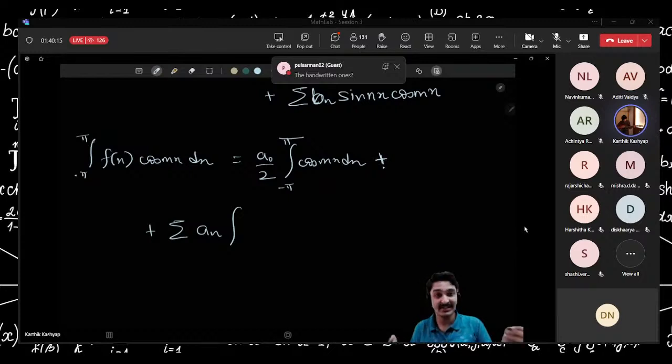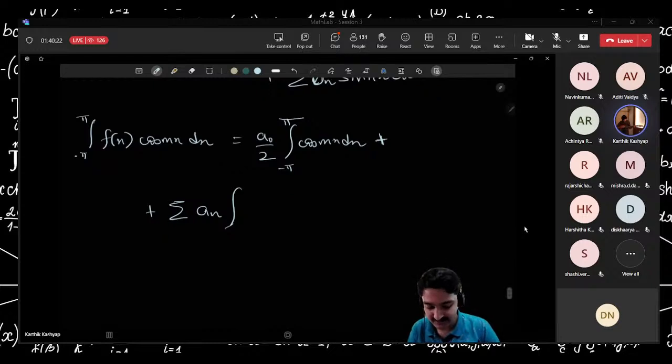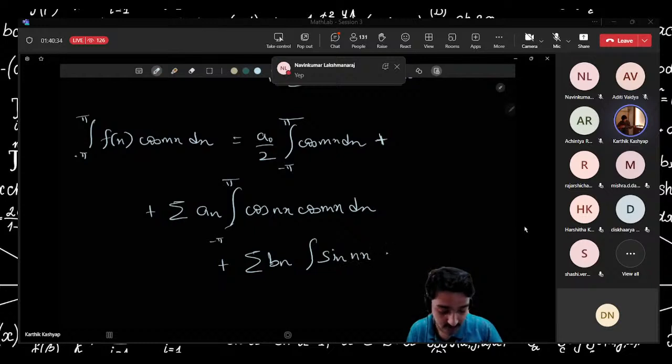Sorry, the cos mx is not constant. It is a function. So only an is constant. So we can just write an outside and cos nx cos mx dx from minus pi to pi, and then sigma bn integral similarly for sin nx cos mx dx from minus pi to pi.